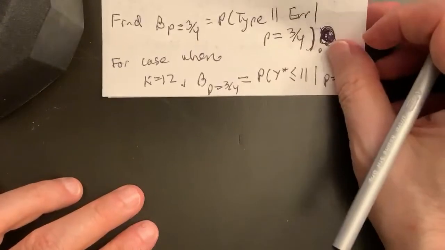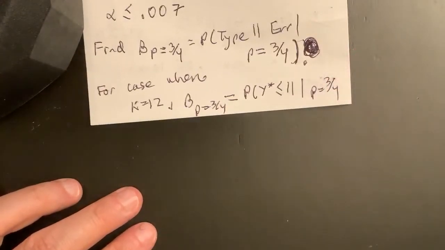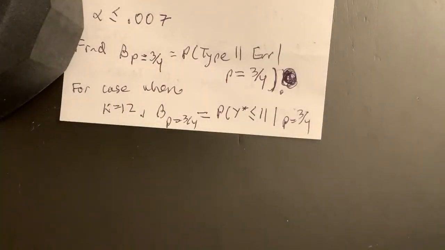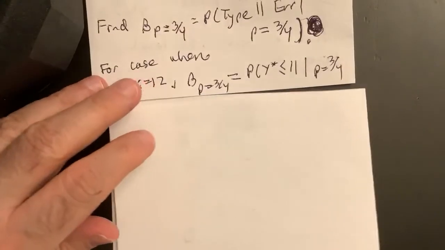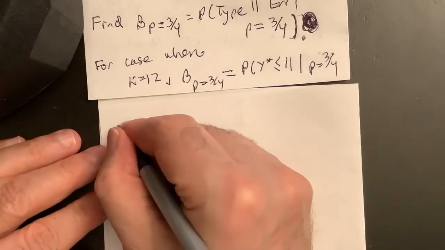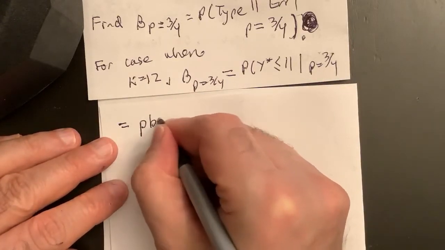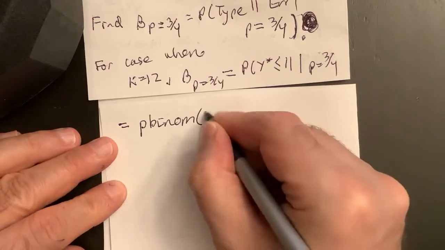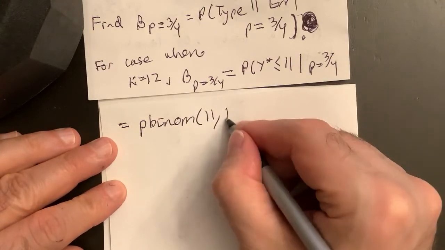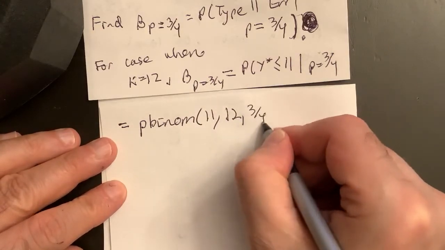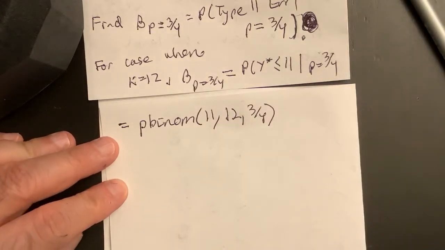Could you tell me the binom command in this case? This would be equal to, this is 11, right? pbinom(11, 12, 3/4). Come over to my R here.